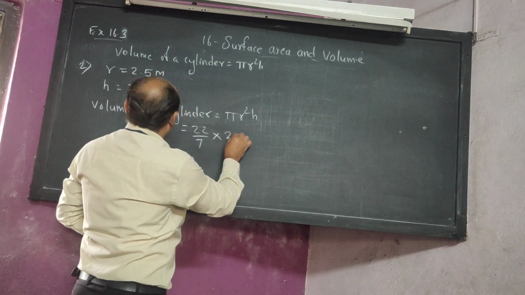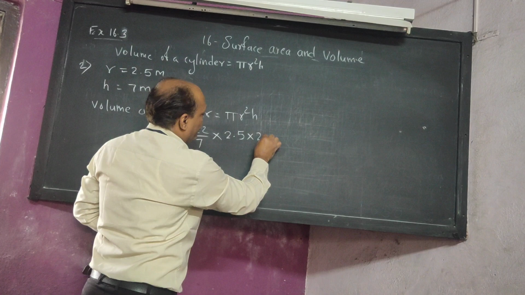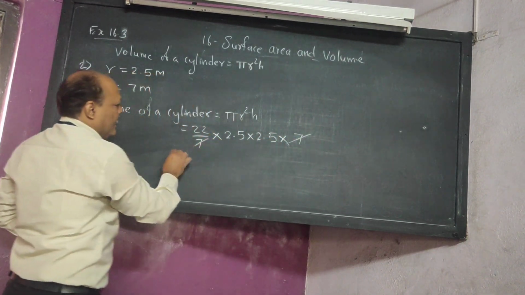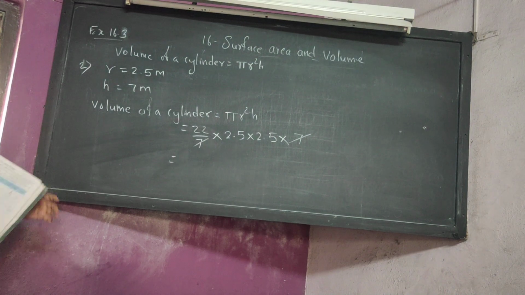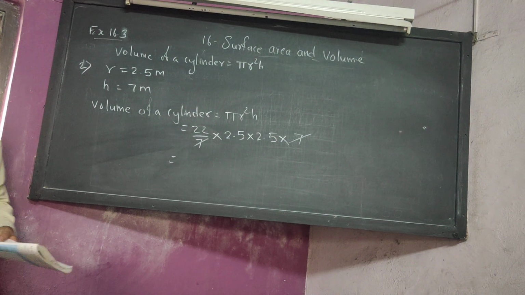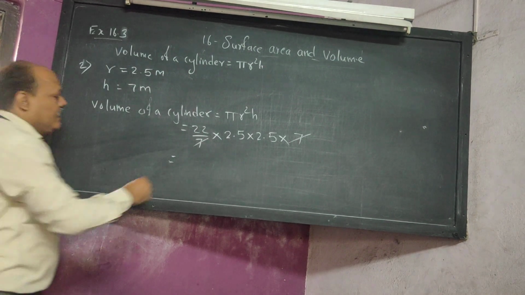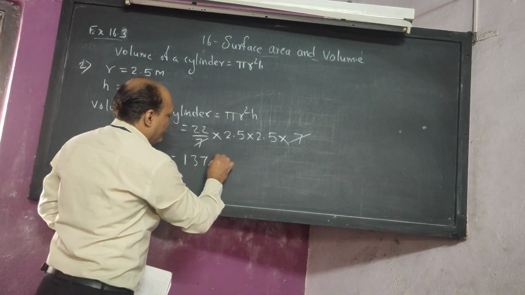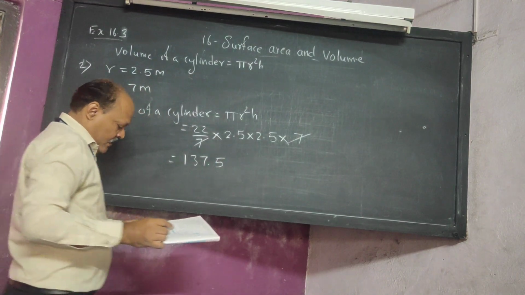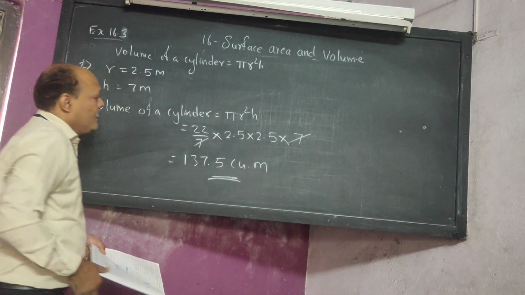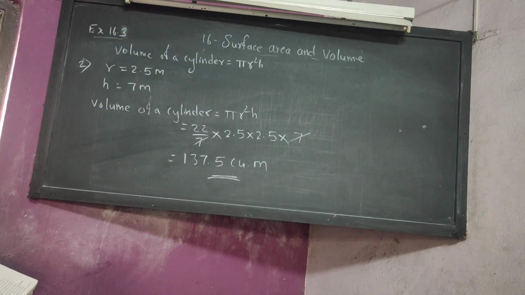Radius is 2.5 into 2.5 and the height is 7. The 7 gets cancelled. Just multiply 22 into 2.5 into 2.5. You will get the answer 137.5 cubic meter. This was sum number 2. I hope all of you understood the second sum.